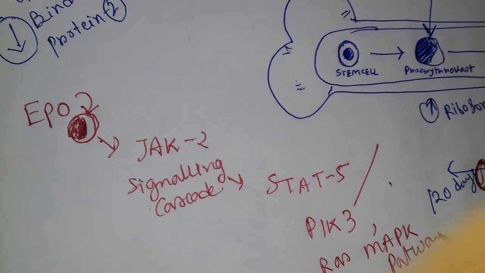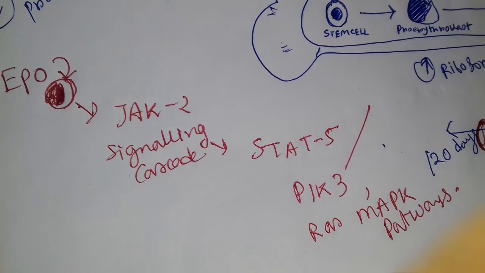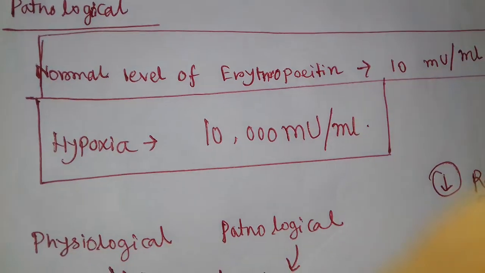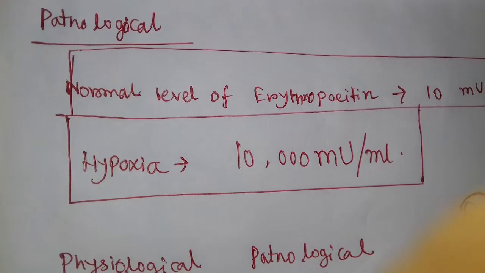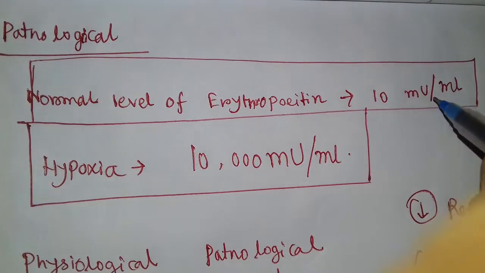So these are the pathways by which there is formation of the erythrocytes.